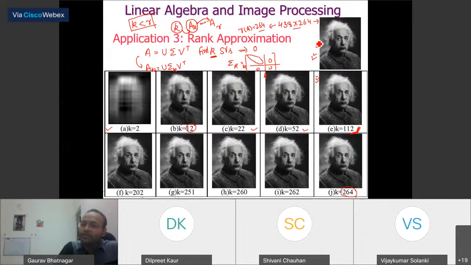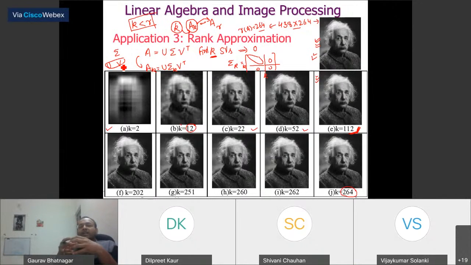So in order to store this image, I need not look at the rank 264, I am going to look at the rank of 112. So I am just reducing the size of my matrix sigma, but I am not going to change U and V because I require them for the reconstruction.